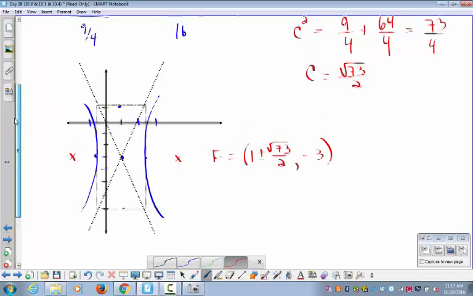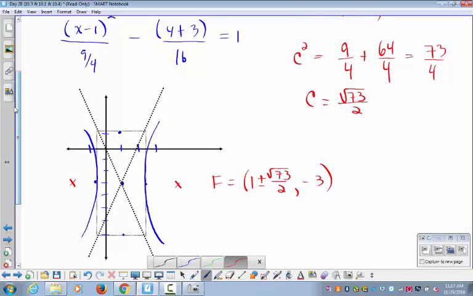And then to do our asymptotes, we'll do y plus 3 equals plus or minus, leave a blank, and then x minus 1. And here we have to do the rise over the run. The rise is 4. The run is 3/2.